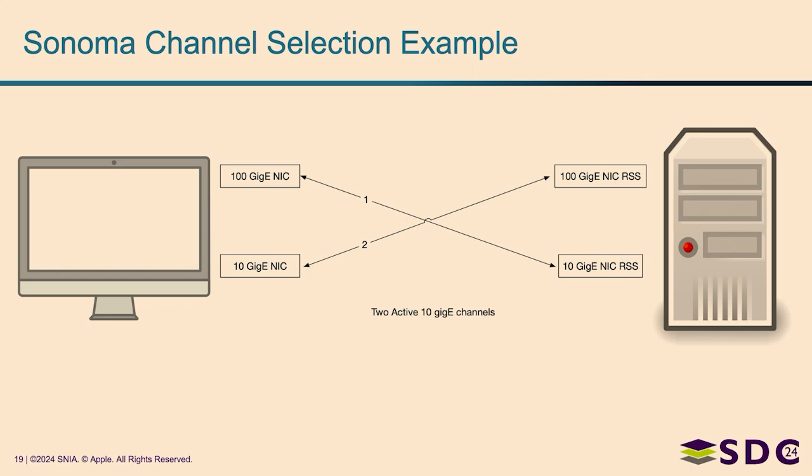The second channel, it says, well, the only thing that's left is the 10 on the client and the 100 on the server, so we'll establish that. So we end up with 2 channels, but the highest common speed between the NICs is only 10 gigs. So we ended up with 2 active 10 gig channels, which is not great.